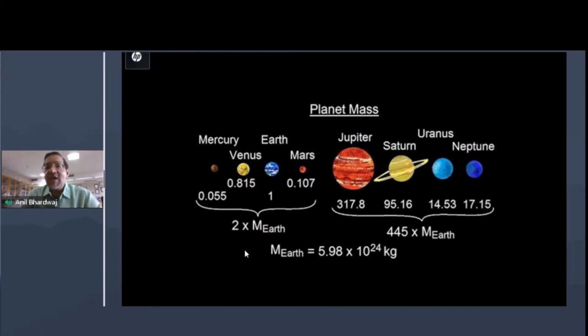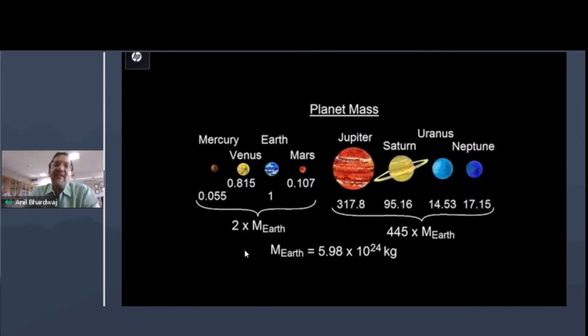And what we actually look for is that the outer part of the solar system actually consists of most of the mass of the whole solar system. Jupiter being the highest, then comes Saturn, then Neptune, and then Uranus. Jupiter is more than 400 times the mass of the Earth.